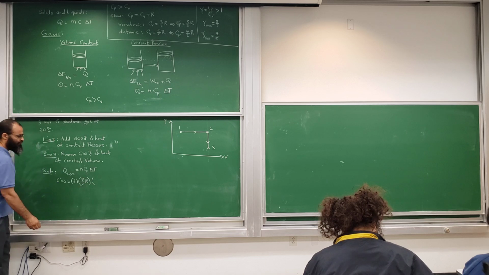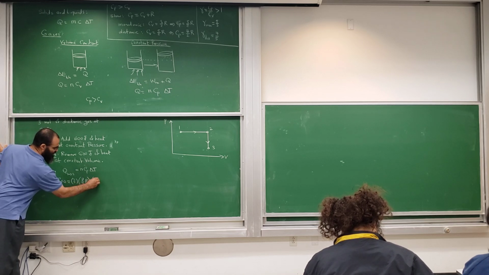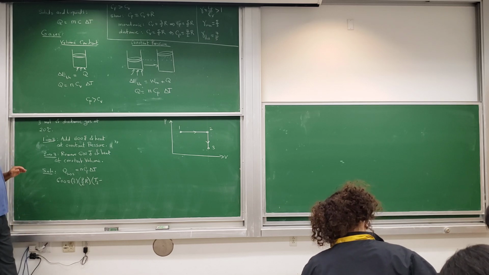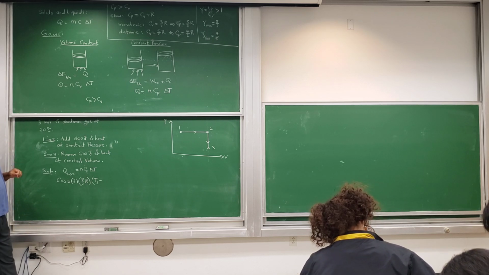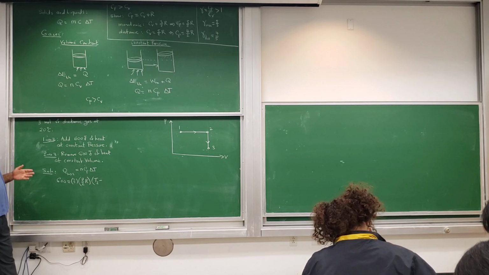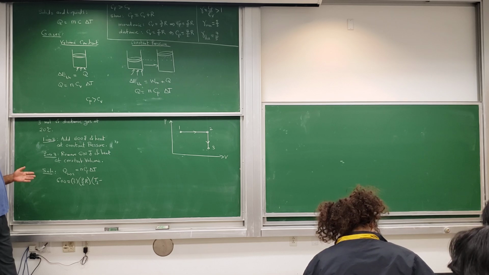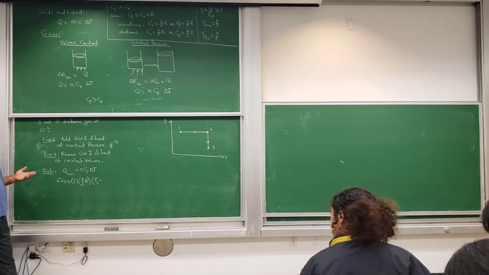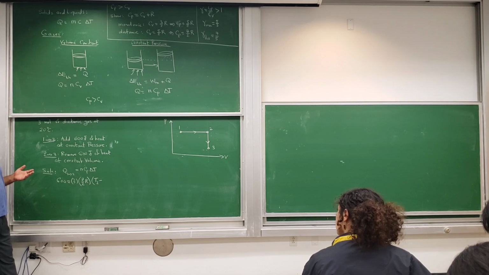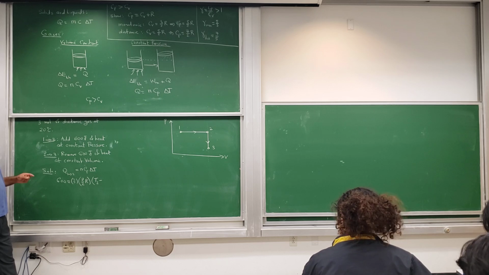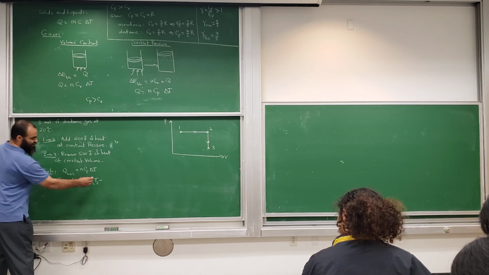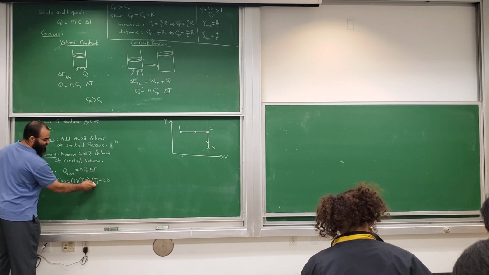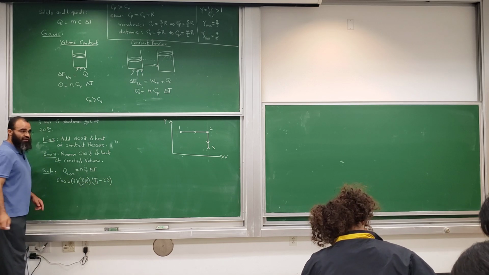Change in temperature will be the temperature at 2 minus the temperature at 1. Should I put the temperature in Kelvin or degrees Celsius, or maybe it doesn't matter? It's a difference in temperature, so it does not matter. If I put 20, this temperature when I calculate it is going to be in degrees Celsius.